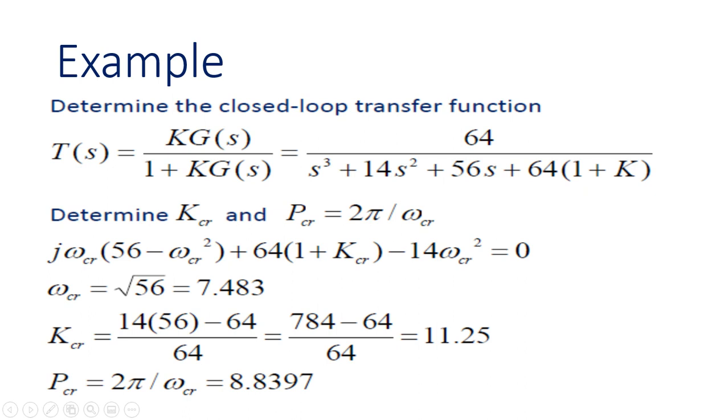Now what you do, first of all, determine the closed loop transfer function. Now this is my closed loop transfer function. From this characteristic equation you can use root locus to find out KCR and PCR. Or in other words, you just put s equal to j omega in the denominator.